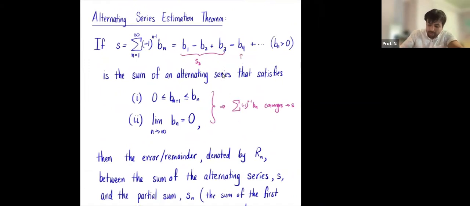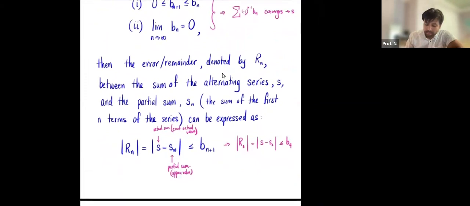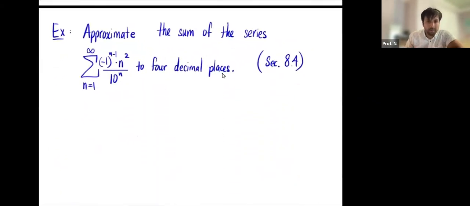So B sub 4 is the bound. This becomes the bound to the remainder produced by the partial sum of the first three terms. And I know that sounds like a whole lot, but hopefully the next example here can explain a bit what we're talking about.